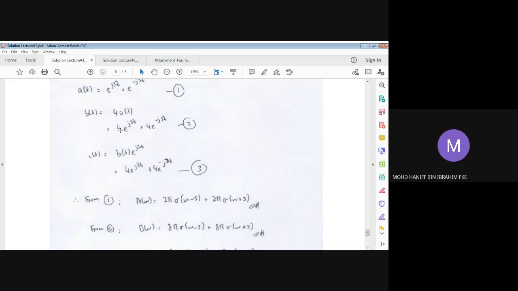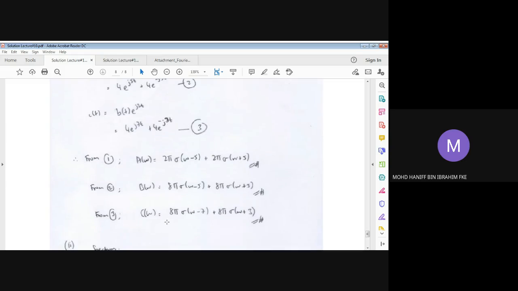We have 4 here, so it is multiplied by 4, and we get 8 pi of those values. Finally, for c(t), C(omega) gives us 8 pi delta(omega minus 7) plus 8 pi delta(omega plus 3) according to this time domain signal. That should be the full transformation for a(t), b(t), and c(t).